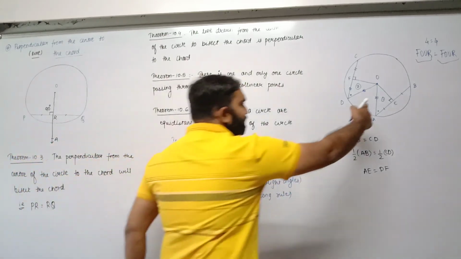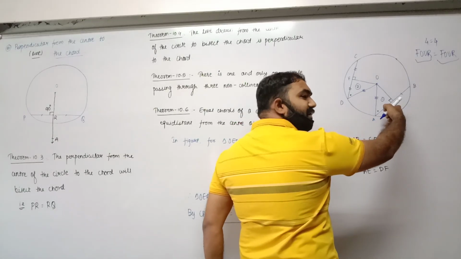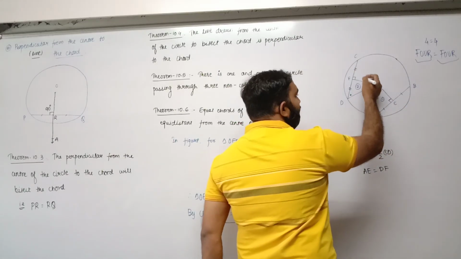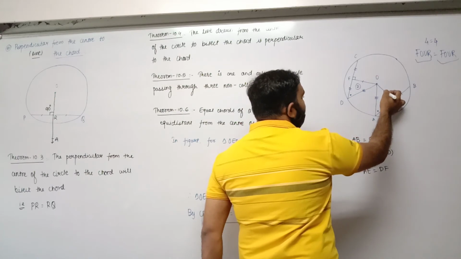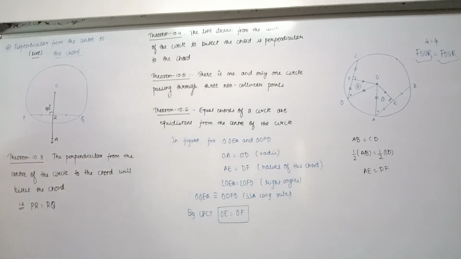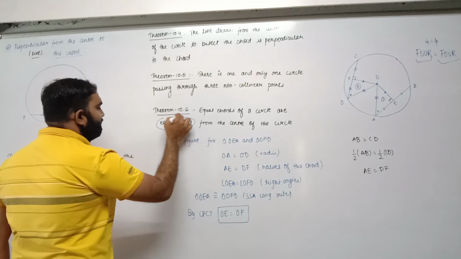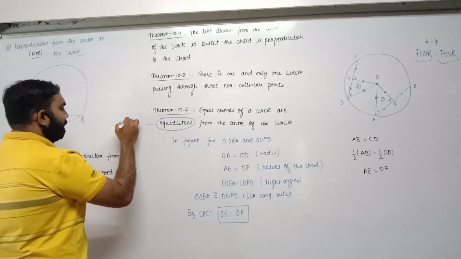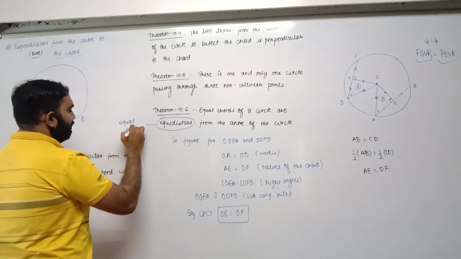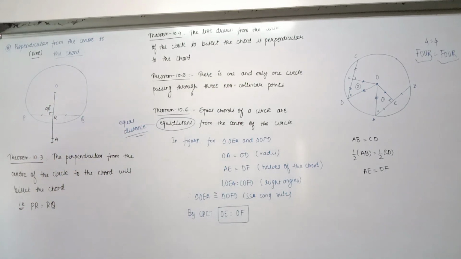That means the distance of the center to the chord is equal to the distance of the center to the other chord in the case that the chords are equal in length. OE equals OF. Equidistant means equal distance. What does this mean?